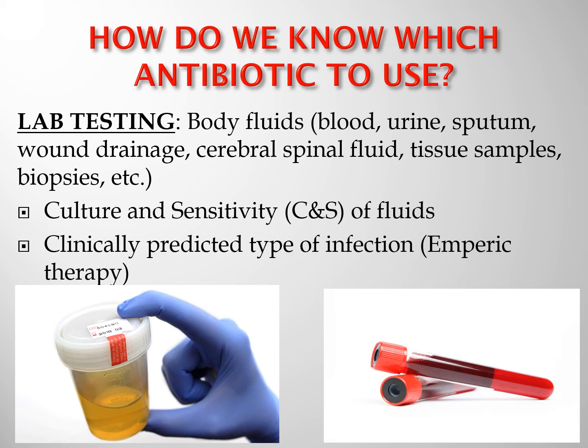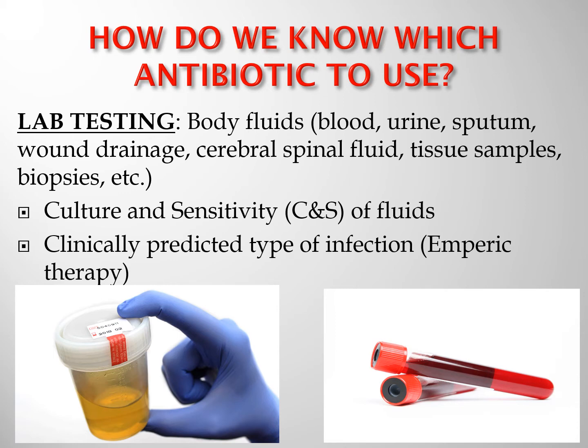So what testing do we do to try and find out which antibiotic is most appropriate for the patient? Well, we take body fluids, right? We take blood, urine, sputum. If there's a wound that's draining a lot of pus, we'll swab it.